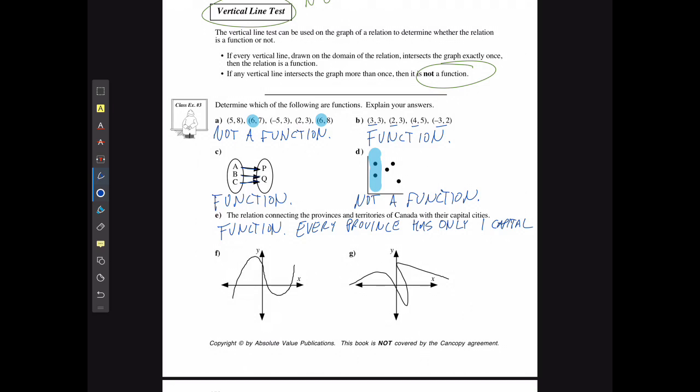When I get to F, this is going to be a function because it passes the vertical line test. At the same rate, when I get to G, this is not a function because it does not pass the vertical line test.